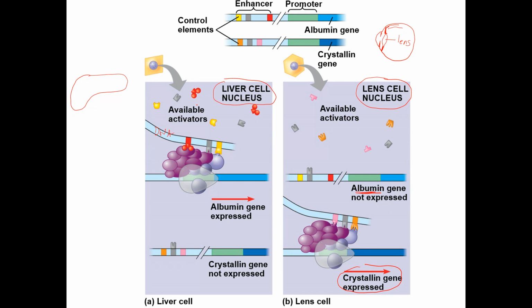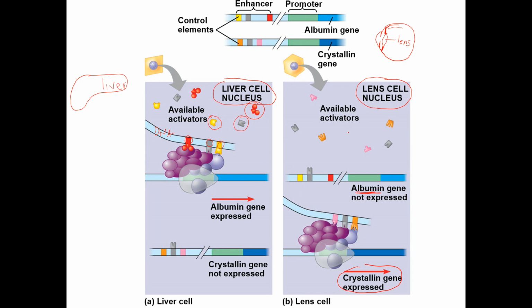And so you would think you would need different genes transcribed in the liver cells compared to the lens of the eye. Every cell in your body has the same DNA except the gametes, right? But you don't use all the same DNA in every place. So let's take a look at the activators, the proteins that you find in the nucleus of your liver cells. These are the activators, and they can attach to these particular enhancers and make this gene get transcribed at a high level.